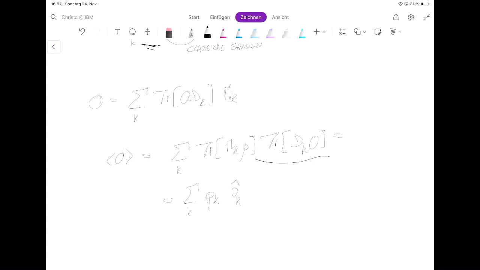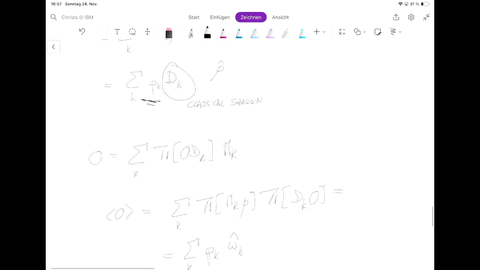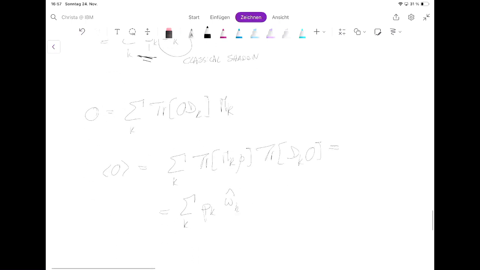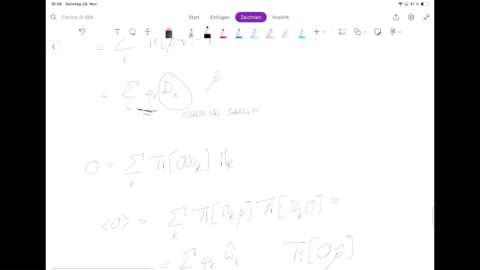Let me write them as I wrote them before. These are estimators that you build from the state estimator, just taking the trace with the observable. This is basically this guy here.